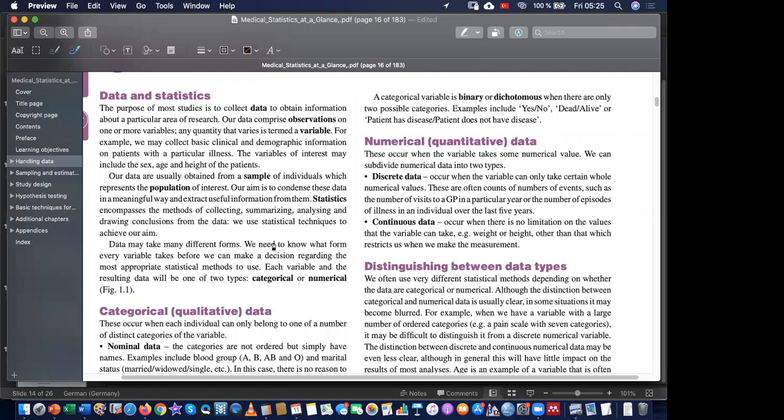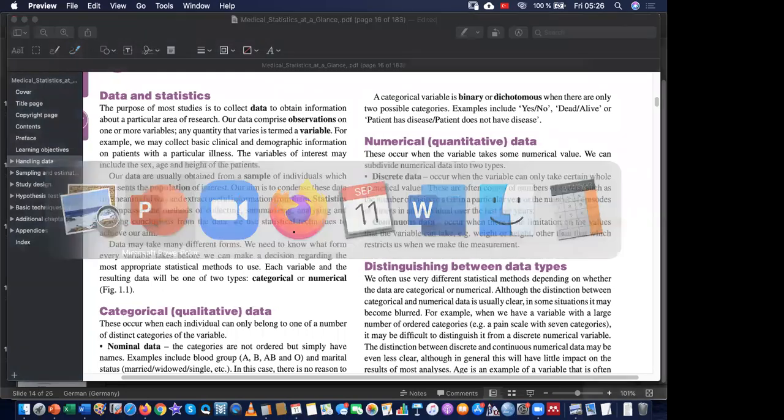Don't categorize it in the beginning of the study. Later, during the analysis, if you find it necessary, you may categorize. Okay? So far, so good?